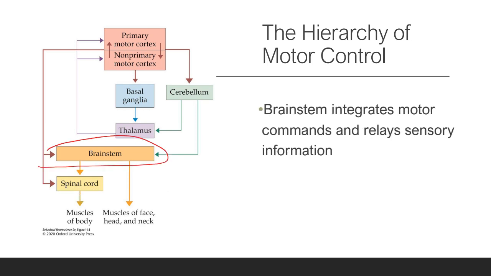The brainstem is an important region for a variety of vital functions, but when we're talking about motor control, the brainstem is important for integrating motor commands and relaying sensory information.